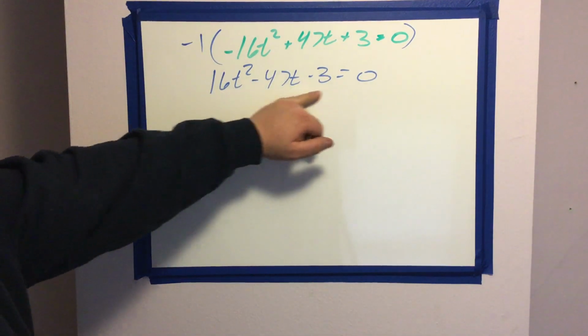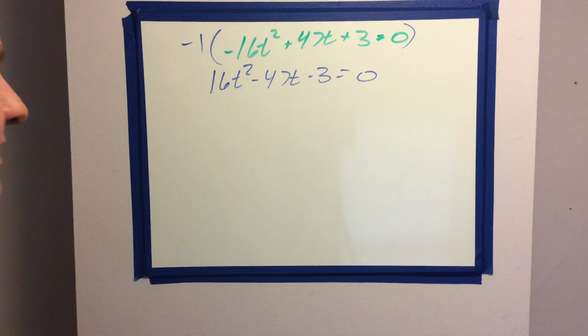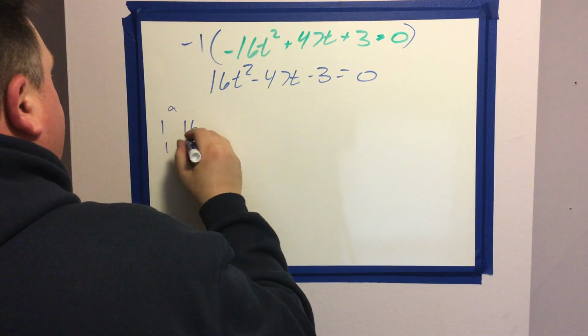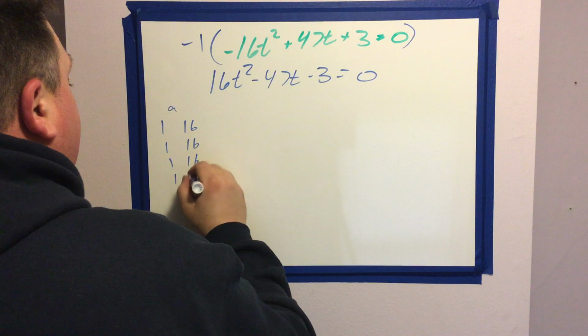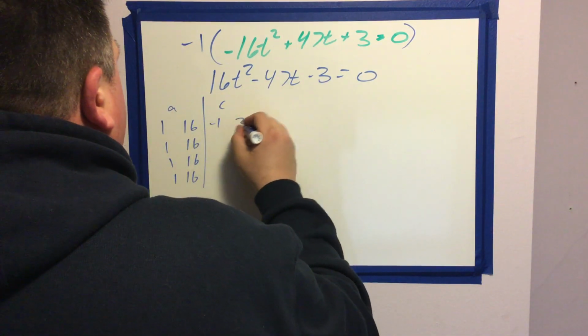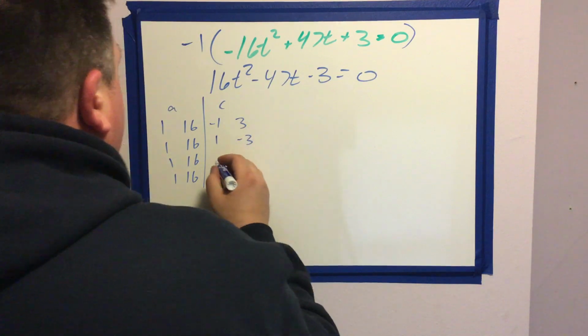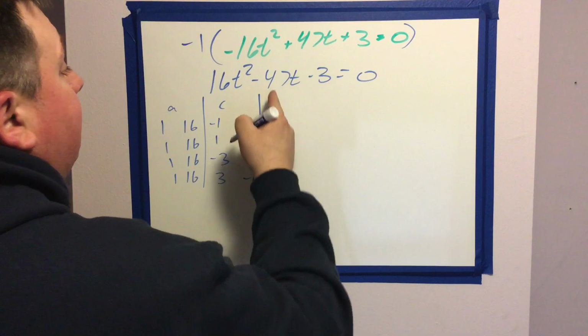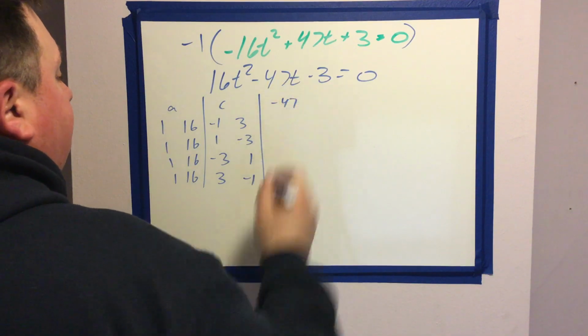Now we have to factor this out using the ACB chart. So A is 16, 1 and 16. Your C is going to be negative 3, so it's going to be negative 1, 3, 1, negative 3, negative 3, 1, 3, negative 1. Now our B is negative 47.